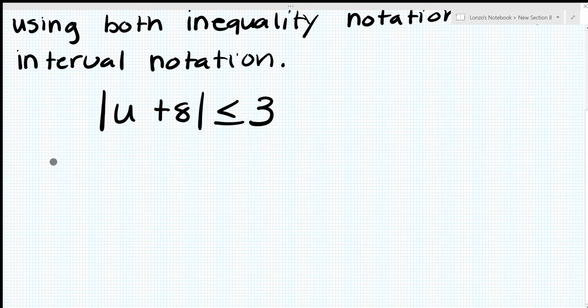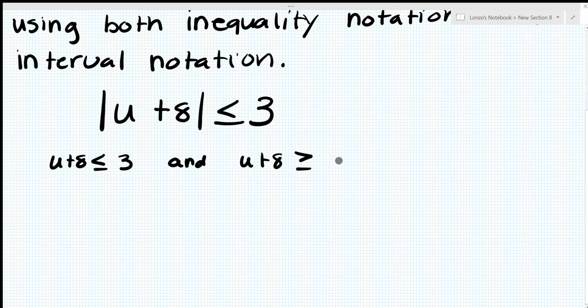So it's going to be u plus 8 less than or equal to 3, and remember that less than means and, so it's going to connect. So it's going to be u plus 8, flip the sign, is greater than or equal to, and then put a negative. Now let's solve for u.